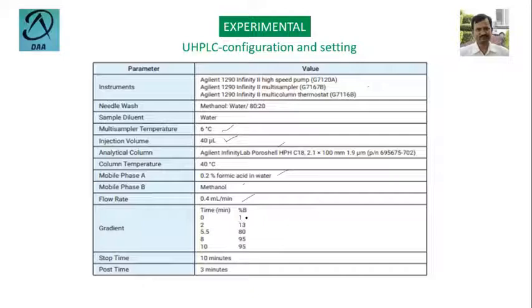This is the gradient program: from 0 minutes, the percentage of B goes from 1 to 95 within the 10 minutes of gradient time, and the stop time is also 10 minutes. The post time is 3 minutes, which is mainly used for washing.